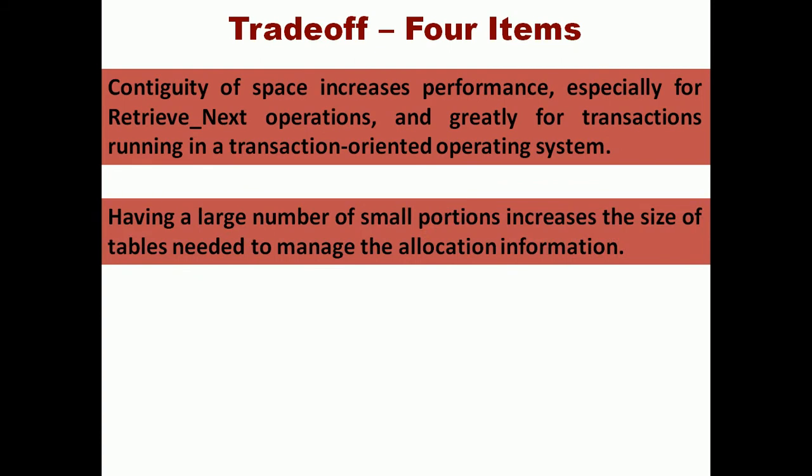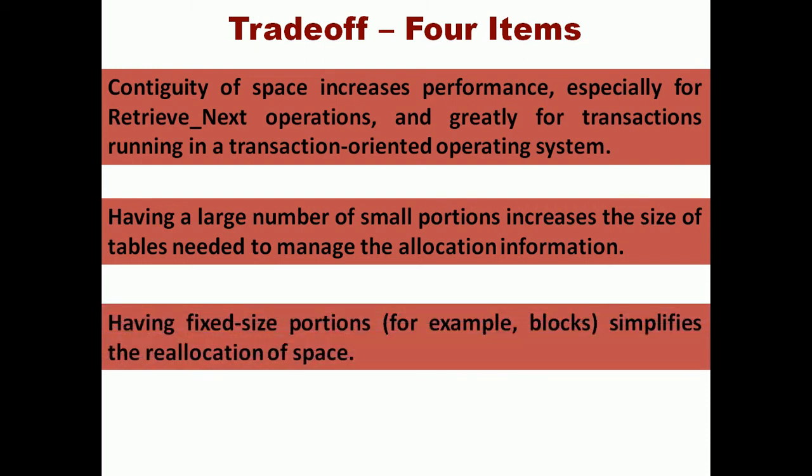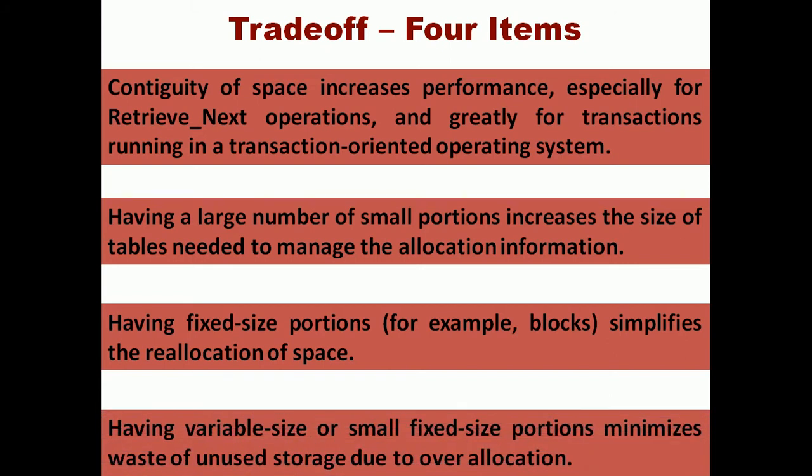Having a large number of small portions increases the size of tables needed to manage the allocation information. Having fixed size portions simplifies the reallocation of space. Having variable size or small fixed size portions minimizes waste of unused storage due to over allocation.